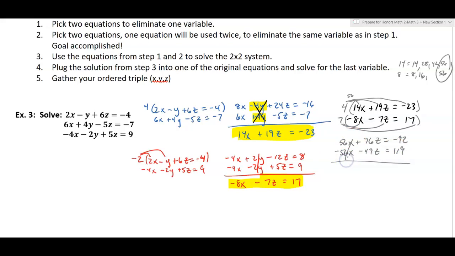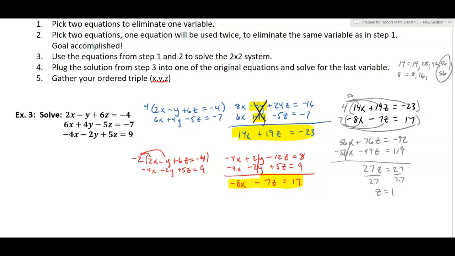And now the x's eliminate. 76 minus 49 is 27z equals negative 92 plus 119 is 27. And if I divide by 27, z is equal to 1.